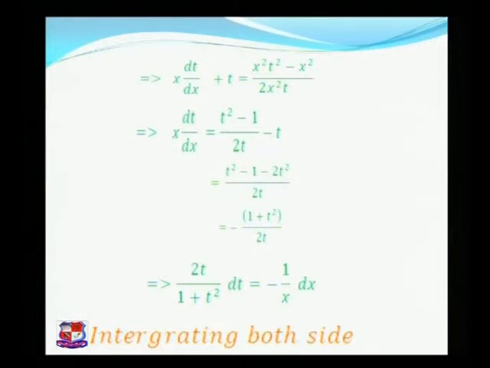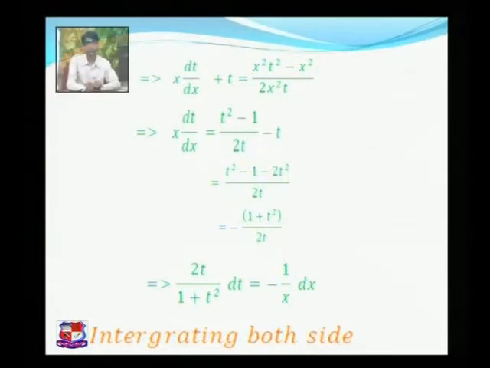So after all I will get x into dt by dx is equal to t square minus 1 upon 2t, and the plus t in the left hand side will come to the right hand side as minus t. So I will get x into dt by dx is equal to t square minus 1 upon 2t minus t. By simplifying, I will get x into dt by dx is equal to minus of 1 plus t square upon 2t.